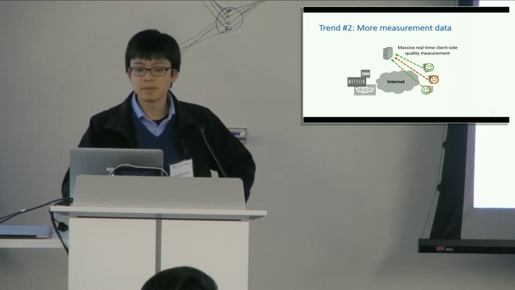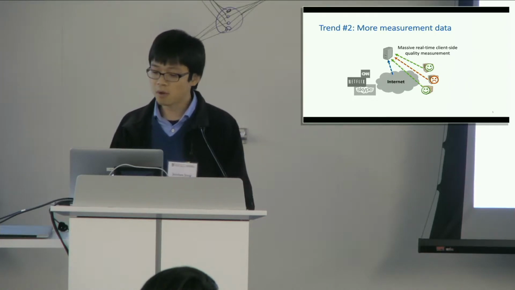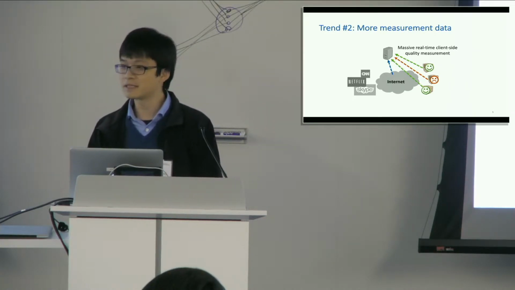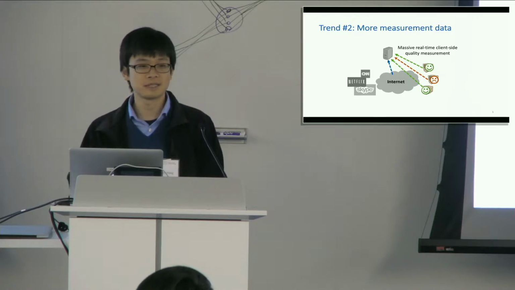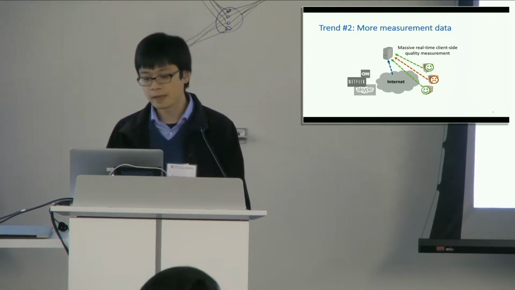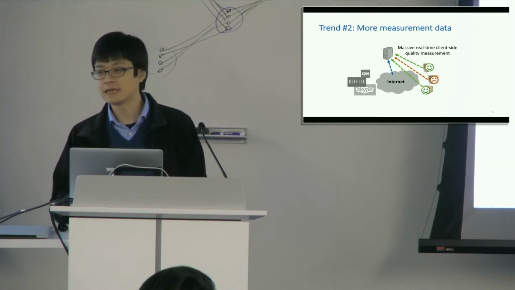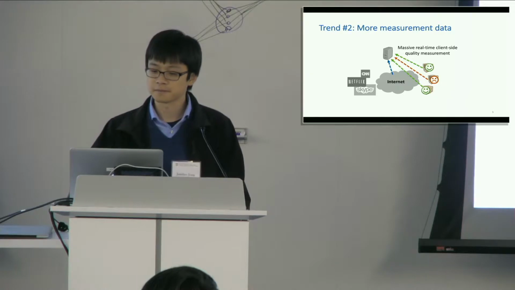At the same time, internet service providers like AT&T and Comcast are also deploying software-defined networking techniques that enable real-time telemetry from their own infrastructure of switches and routers. As a result, there's a dramatically increased amount of measurement data from users and devices.